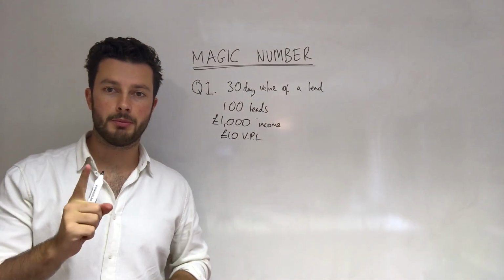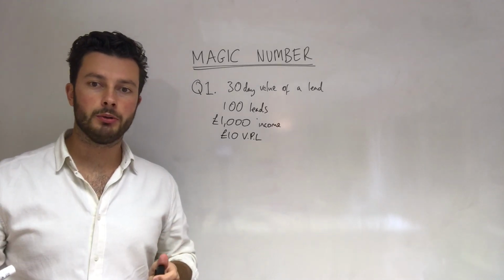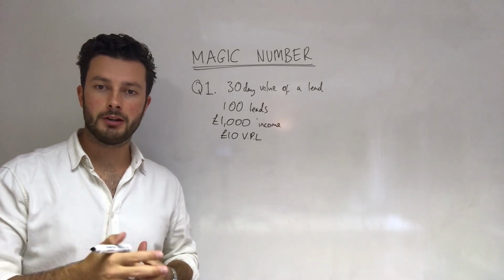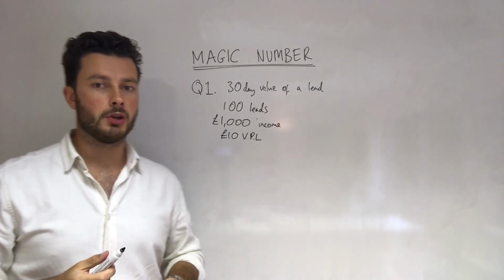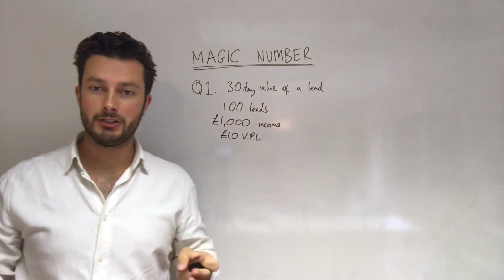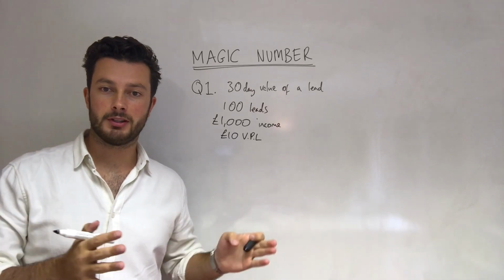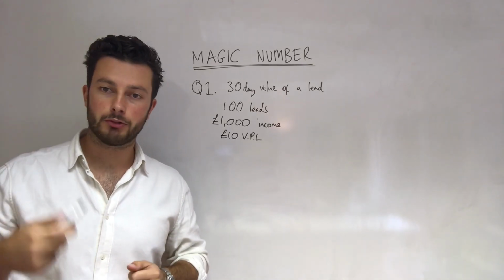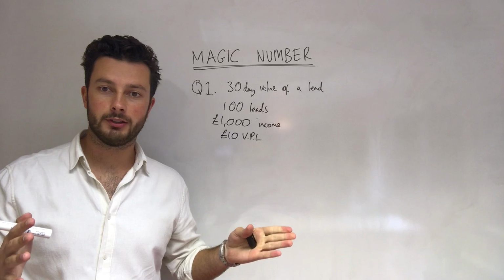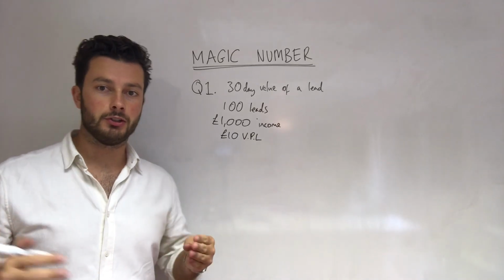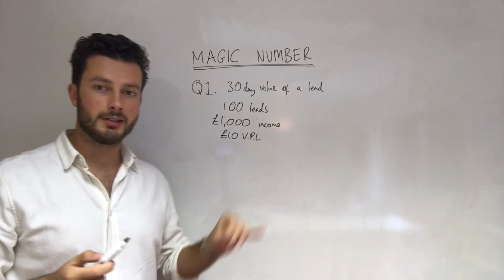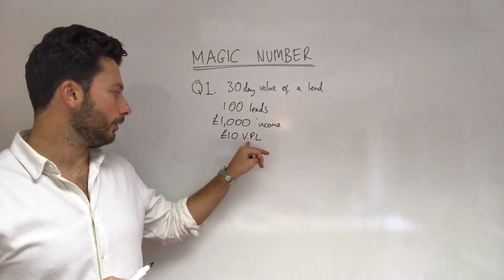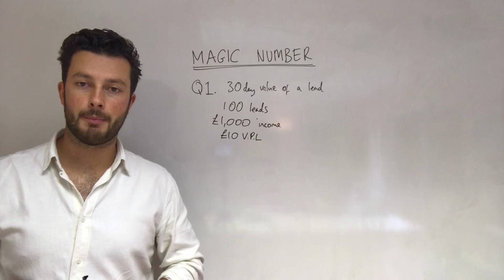So that is number one. Now you know that every lead that you generate is worth £10 to you, for example. So what you need to do is figure out how many leads you generated in the previous 30 days and then how much revenue those leads generated, and then divide the two, and then you will get your value per lead. So in this example, we've got a value per lead of £10.